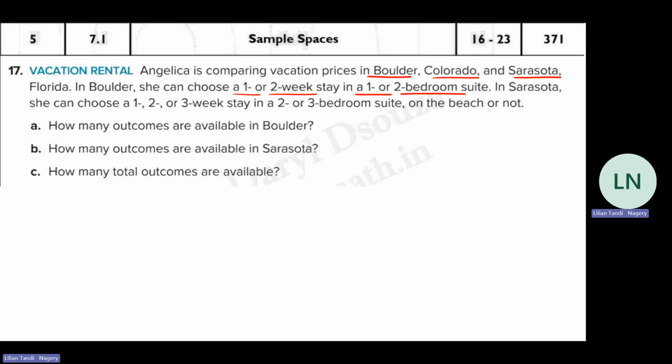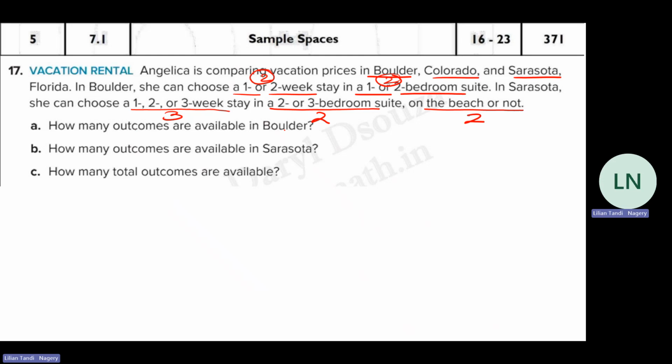In Sarasota, she can choose a 1, 2, or 3 week stay, a 2 bedroom or a 3 bedroom suite, whether it is on the beach or not on the beach. Okay? So here she has 2 options. Here she has 2 options. Here she has 3 options. Here she has 2 options. Here she has 2 options.